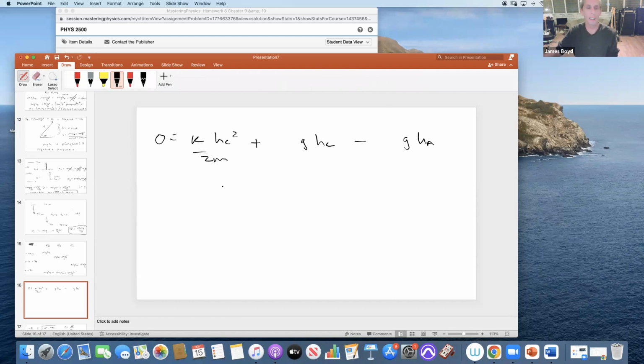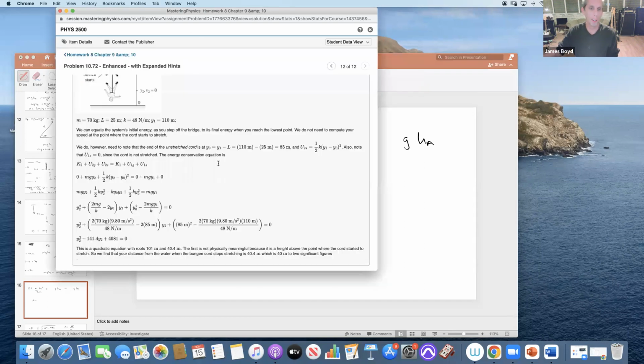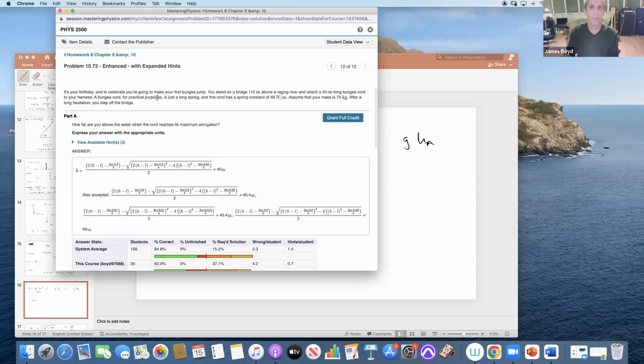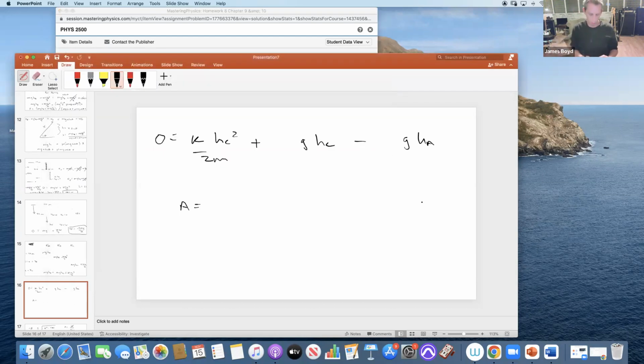And what I get is the following. A is k over 2m, and k was 48, m was 110, so 48 over 220, 0.218. G is 9.8, and that is my B, and C is negative 9.8.